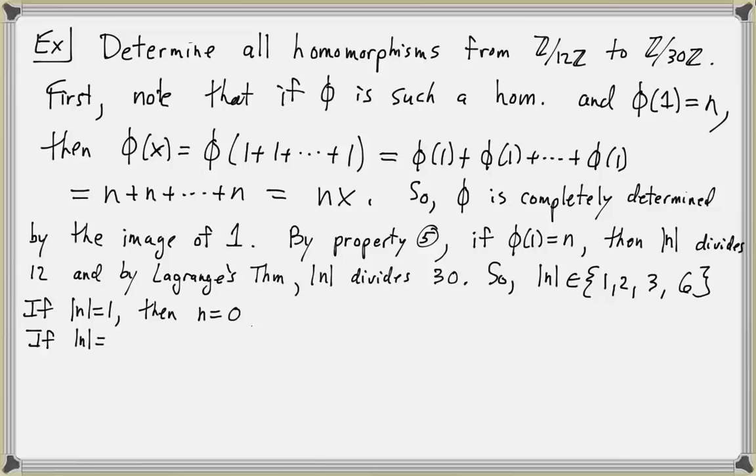If the order of n was 2, then n must be 15. This is the only element of the integers mod 30 with order 2. If the order of n is 3, then n could equal 10 or the inverse of 10, which is 20.